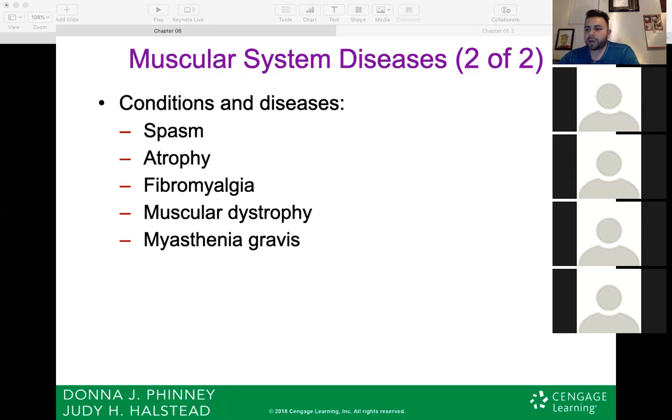Fibromyalgia is a chronic pain in the muscles and soft tissues surrounding the joints. The congenital disorder characterized by progressive degeneration of the skeletal muscles is called muscular dystrophy. And myasthenia gravis is an autoimmune disorder that leaves muscles weak and fatigued. That is basically when the body starts attacking muscle tissue.